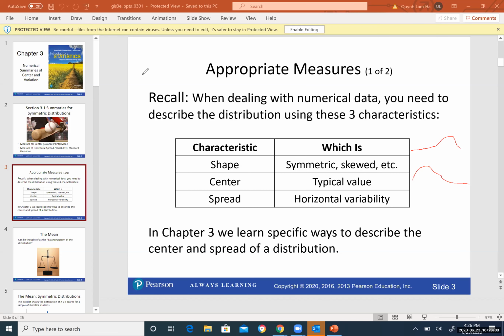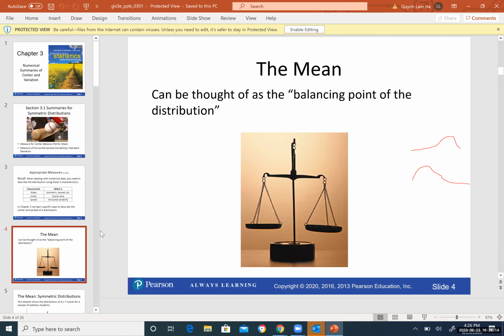Okay, so let me move on. Let's talk about the mean. Right here, we have the following picture, like a scale. This scale represents a symmetric distribution. The left side and the right side are roughly equal, right?